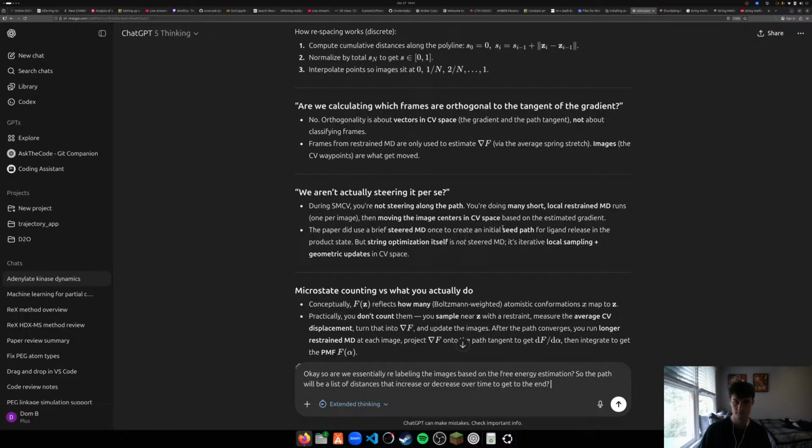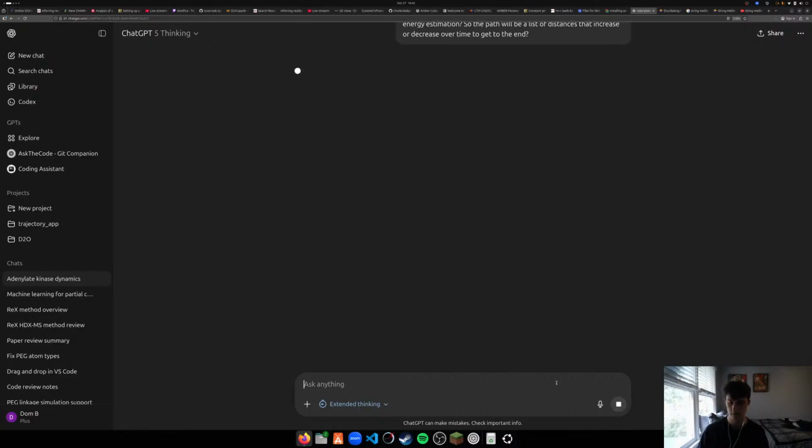Is that right? Moving the image centers in CV space. So what's this stuff? I think I'm close.